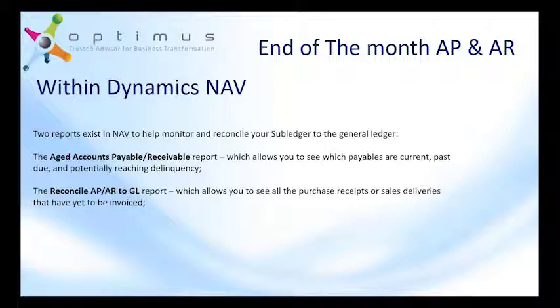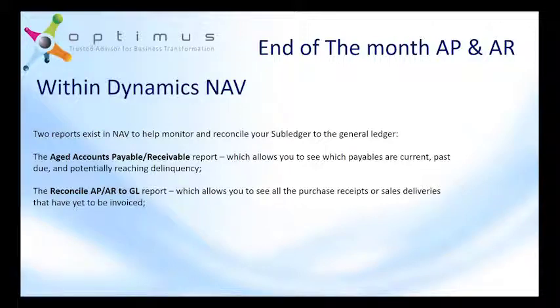First of all, the accounts payable receivable report, which allows you to see which payables are current, due or potentially reaching delinquency, which is a technical concept. So we need to start working on those transactions that will be really delayed.